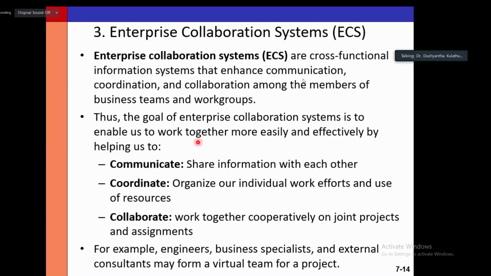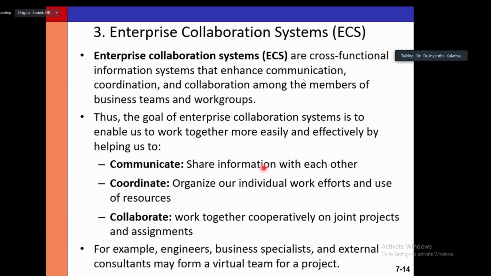So we are in a position to work with each other much more easily, effectively, and efficiently when we use these enterprise collaboration systems, because they facilitate communication. Communication is sharing information with each other. Now, when you work as a team, communication of information is very vital.